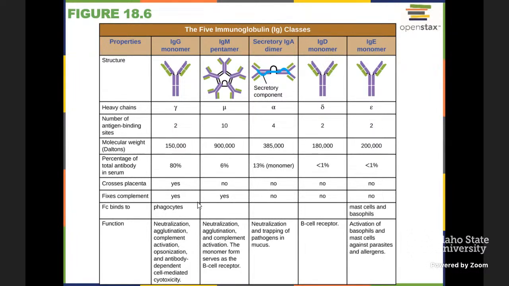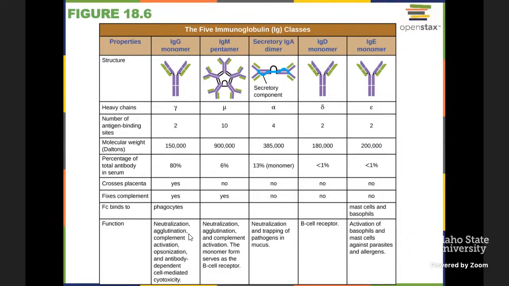Complement for that classical cascade: both IgG and IgM are important in fixing complement and stimulating the destruction of those things, with those tail bits, the Fc regions that stimulate the complement. And this looks like those tails aren't available, but they are, all right? Complement can see that.